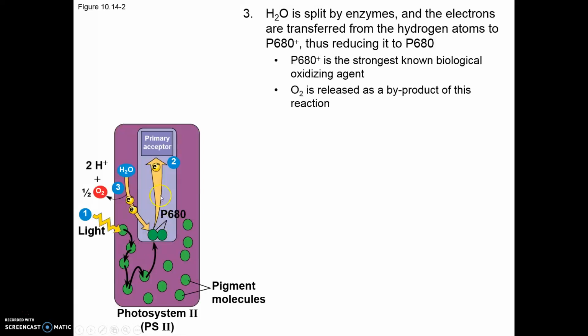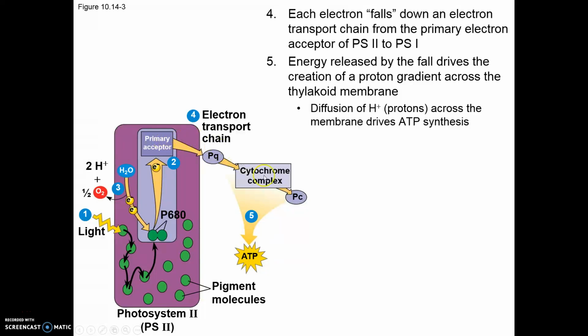All right, now once this happens and we have an excited electron, this is equivalent to an excited electron off of food. It will then get dumped onto an electron transport chain. That electron transport chain will pass electrons through a bunch of complexes, which will pump protons, in this circumstance, inside of the thylakoid space.